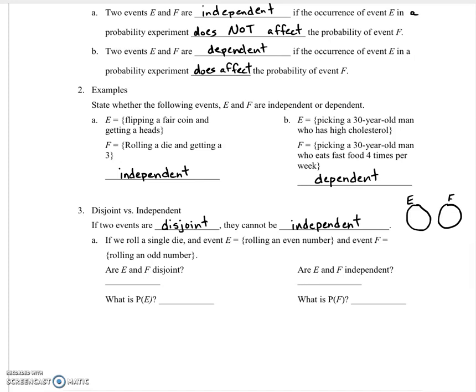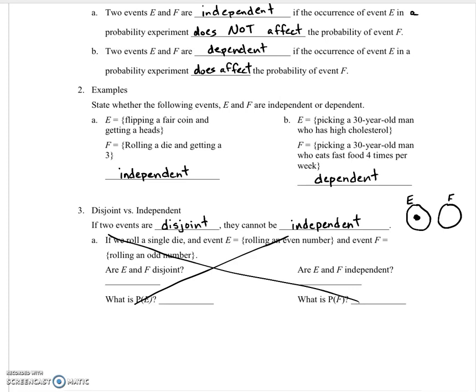And so if we pick something and we know it's in event E, we know for a fact it's not in event F. So that means that knowing something happened in event E does affect the probability that it is in F also. So I decided just now I don't really like this explanation, so just cross it out.